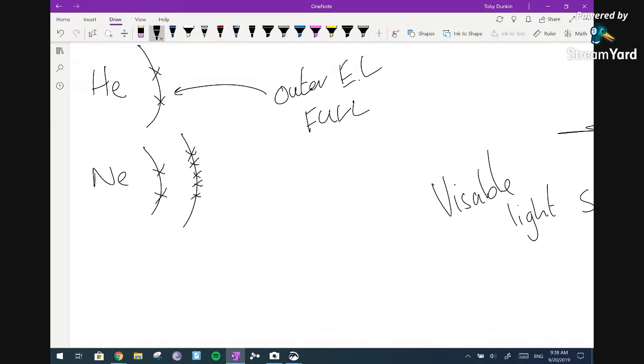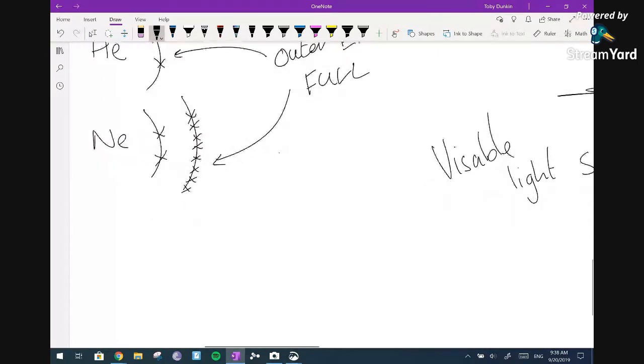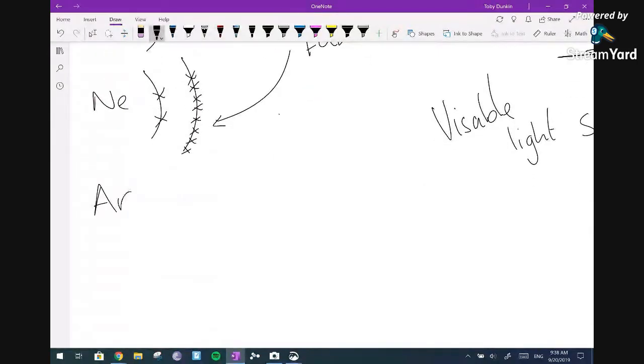And we realized that once again, it had a full outer energy level. Helium, neon, argon. Now, students of mine will know something here, and I've got to be careful. Year 10s, I've taught you too much.